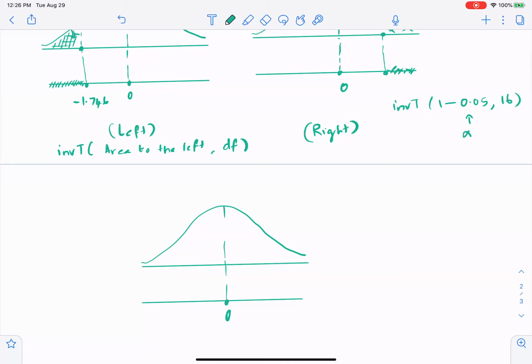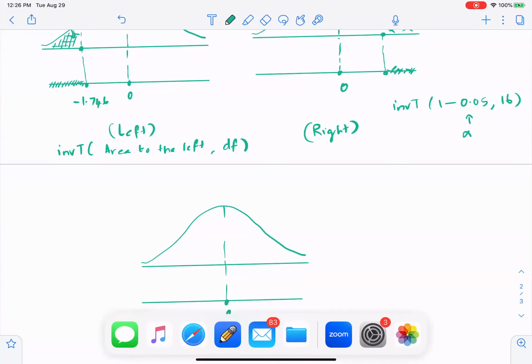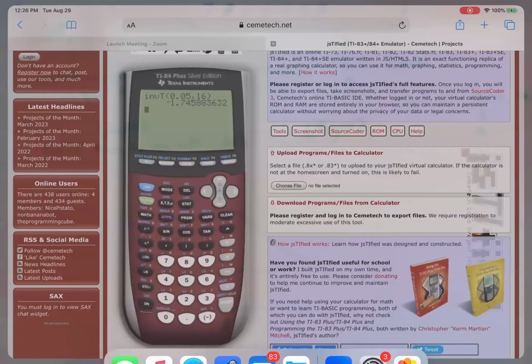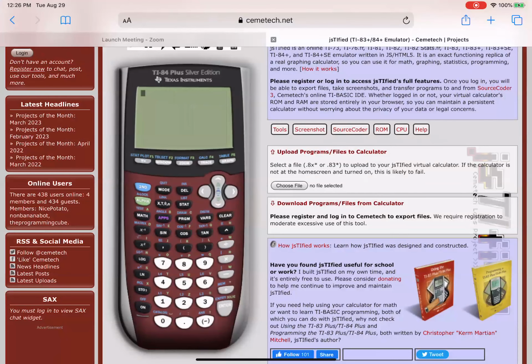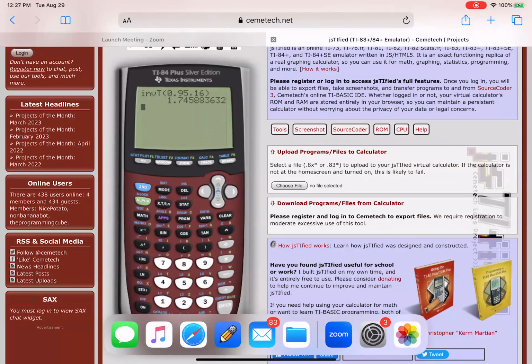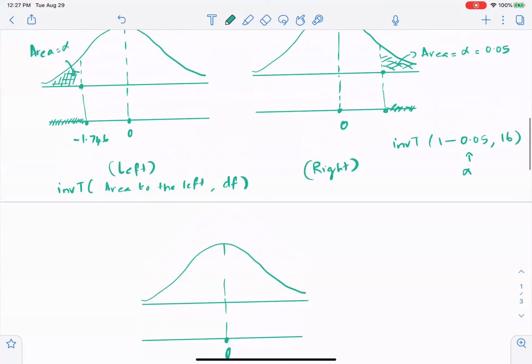It's given in the problem, the DF. So go to the calculator one more time. Second, vars, number 4, area to the left, 0.95, comma 16, close parenthesis, enter. 1.7458.